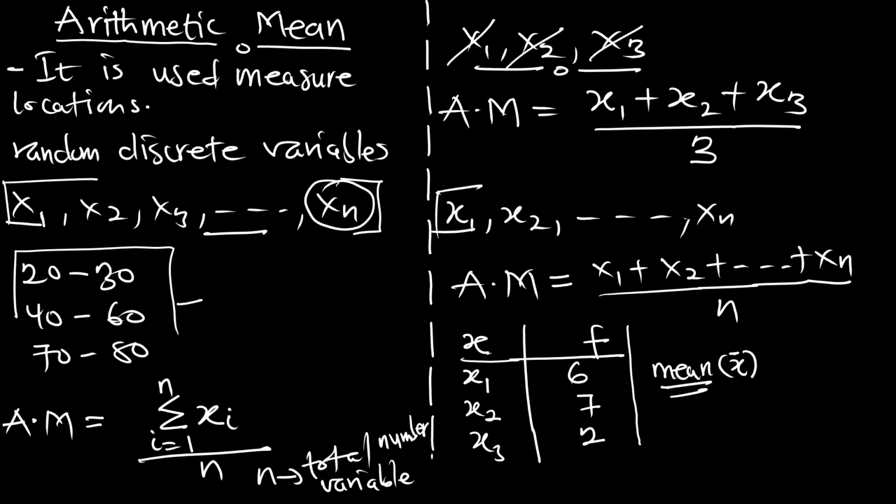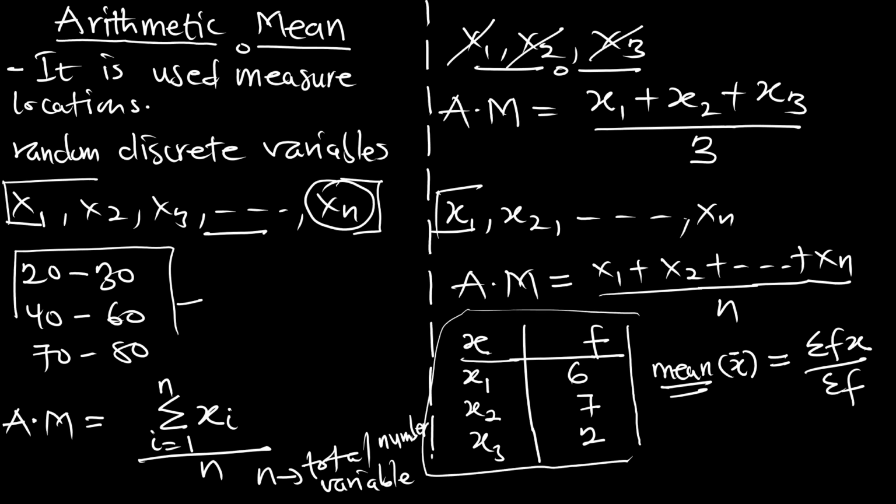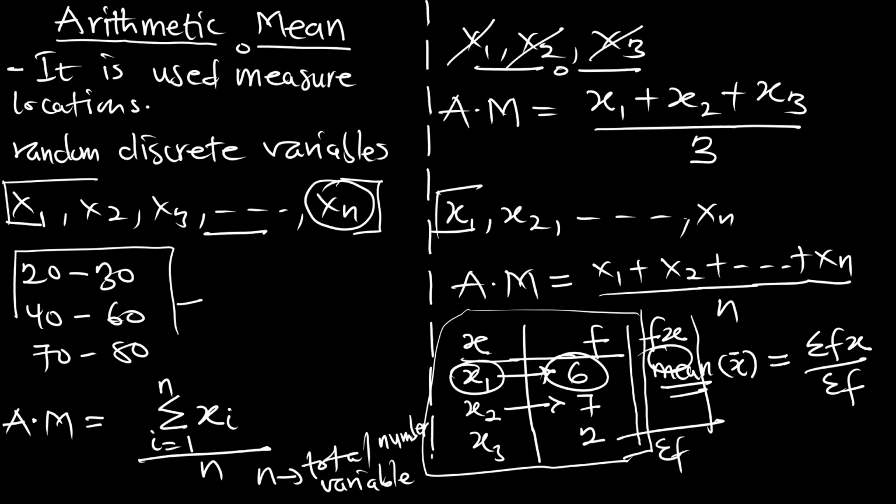So this is going to obey the formula sigma fx over sigma f. When you see the discrete variables in a table form, where x1 corresponds to 6 appearances and x2 to 7 appearances, we create another column, fx, then we multiply the x value by the f to get the fx. After all, we sum the fx, then we sum the frequency. In this case, we are going to get the mean, which is also the arithmetic mean. We will see the two sides in the examples that follow.